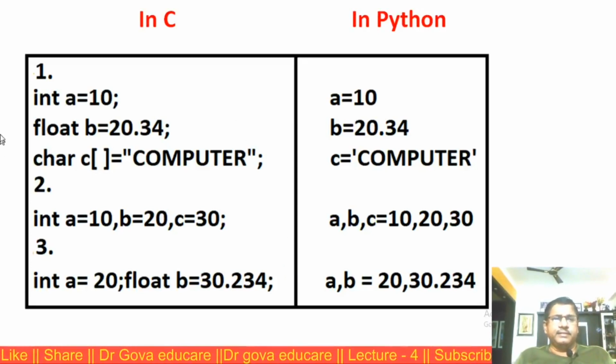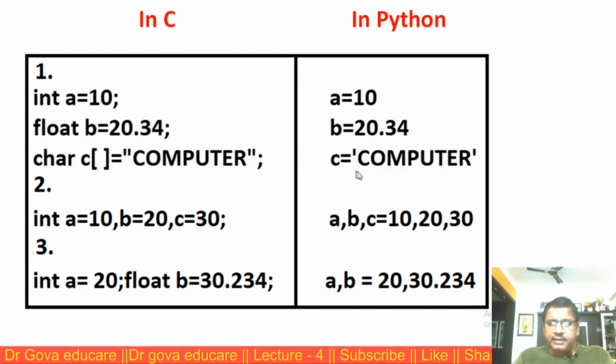Now this is the difference. In C program, int A is equal to 10. In Python, A is equal to 10. Float B is equal to 20.34 in C programming, simply B is equal to 20.34 in Python. Now this is the initialization of a string in C programming. This is the initialization of a string in Python programming.